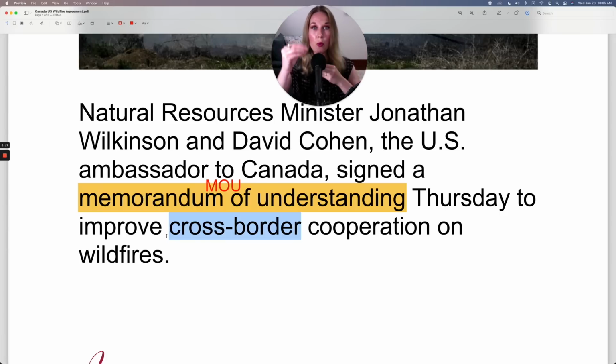So the cross-border is offering support. So Canada will offer support to the US and the US will offer support to Canada. That's the cross-border. So let me write that for you. Cross-border. This represents the fact that Canada and the US share a border. Cooperation on wildfires.